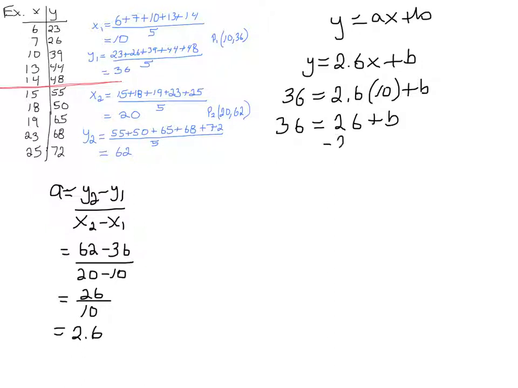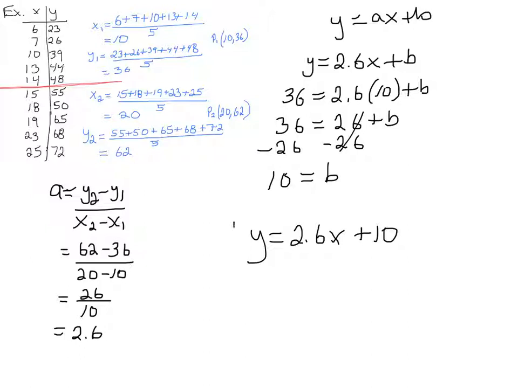I subtract 26 from both sides. That's gone. 10 equals b. So the rule for my regression line is y equals 2.6x plus 10. That's my rule.